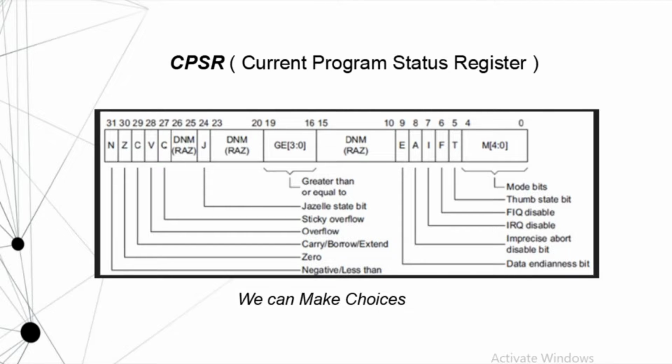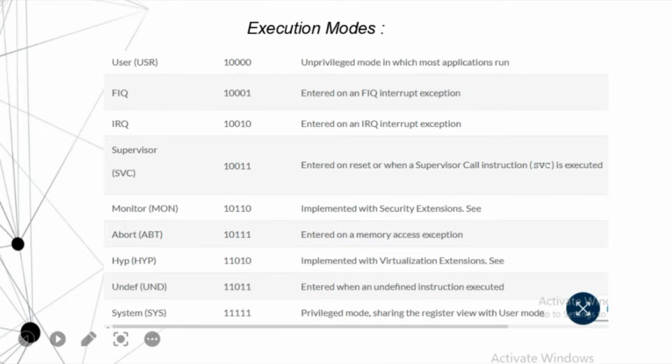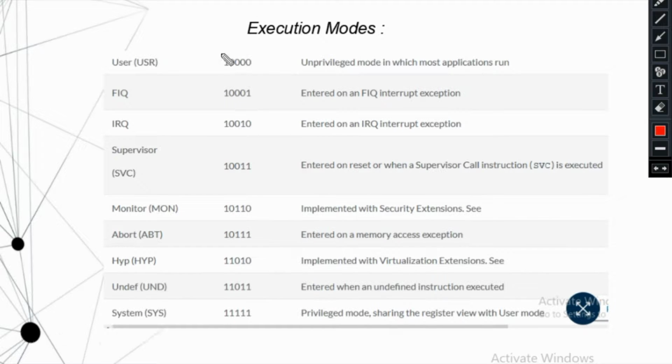Talking about the details of all the bits in the CPSR register, from bit 0 to bit 4, or we can say the first 5 bits, are used to represent the mode the processor is currently executing in. The modes that the ARM processor supports are the user mode, FIQ, IRQ, and SVC, which we know a lot, the supervisor mode.